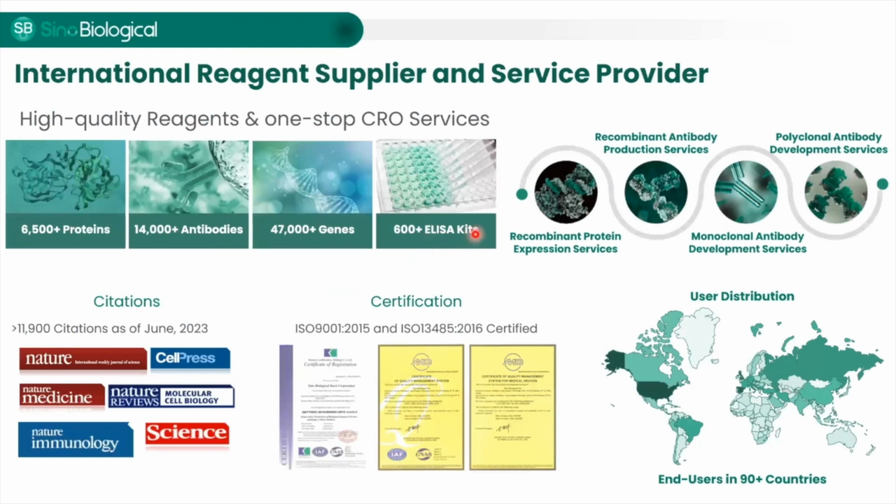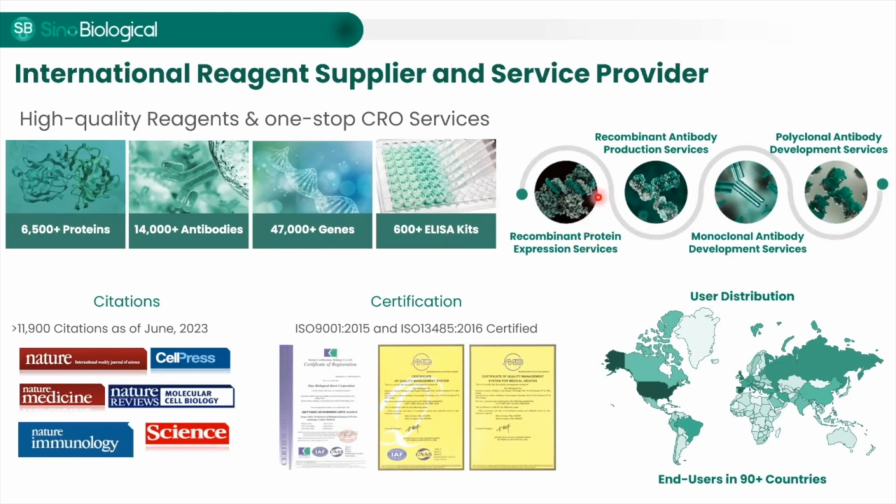Now, I would like to end this presentation by giving an overview of Sino Biological and all it has to offer to support the research in various fields. With an extensive catalog, we offer over 6,500 proteins, 14,000 antibodies, more than 47,000 gene products, and more than 600 ELISA kits.